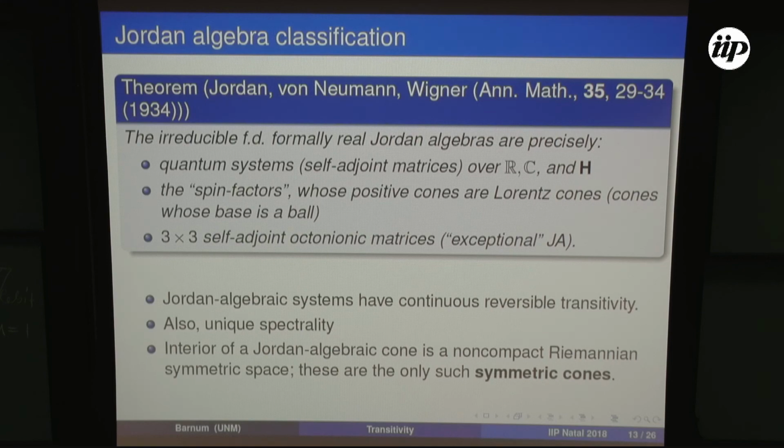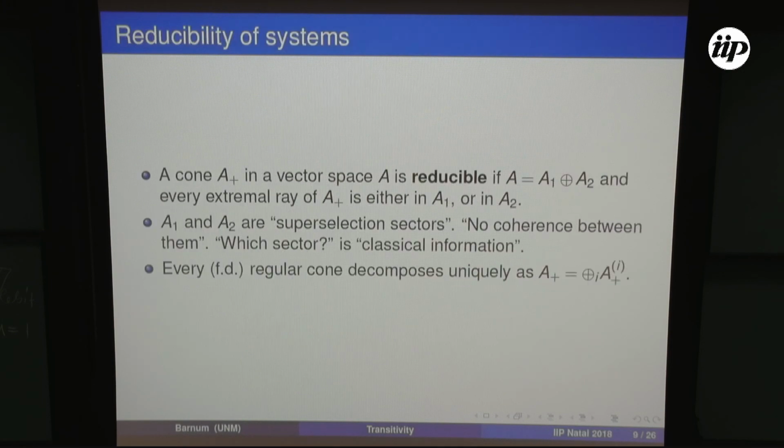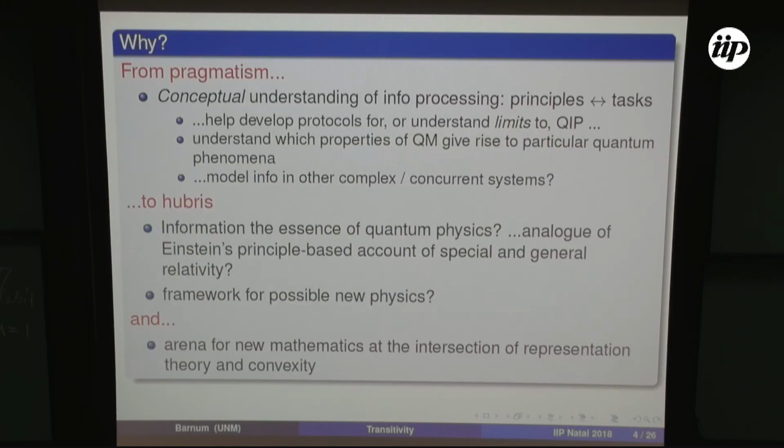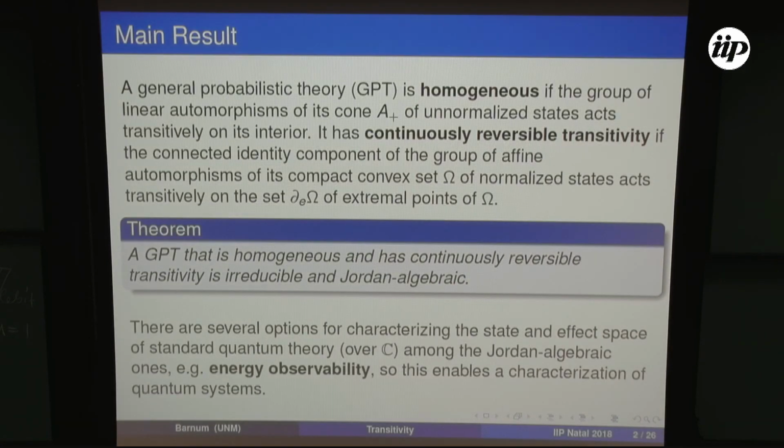So now I'm going to go back to the theorem at the beginning. Right. So here's the theorem. If a GPT has continuously reversible transitivity, so we're looking now at the automorphisms of the normalized states, they preserve normalization, and they're reversible.